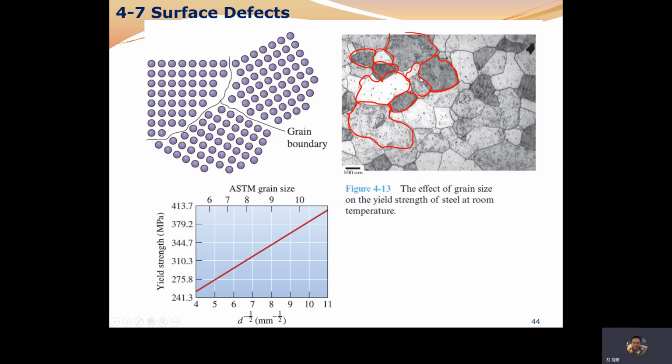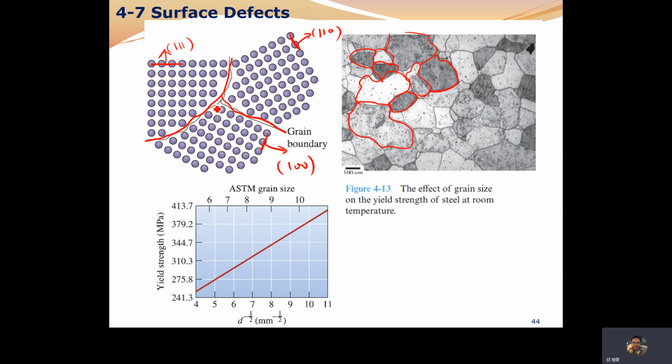If the grain size is not identical, mostly identical. Okay, so let me ask you guys a question. This is the grain boundary, and we have a different orientation. For example, this surface maybe is 111, and this surface maybe 110, and this surface maybe 100.